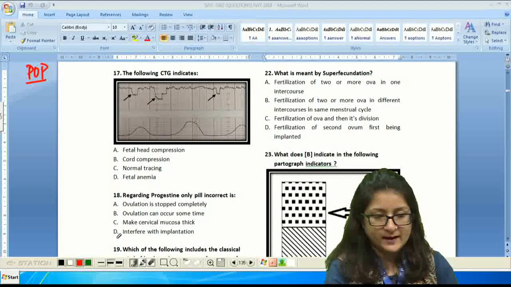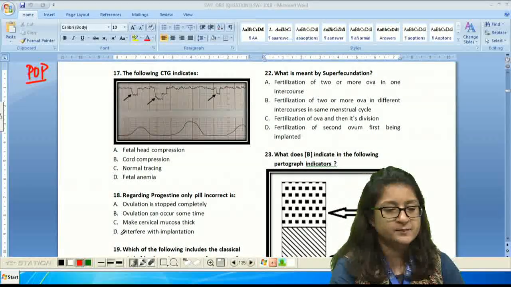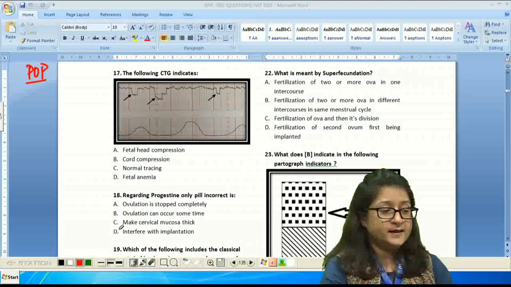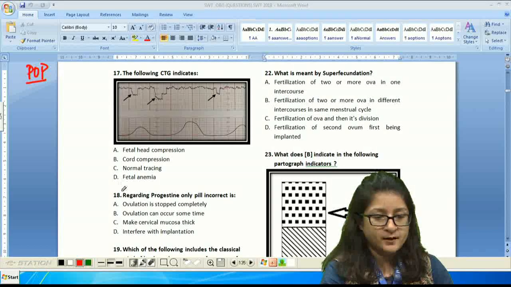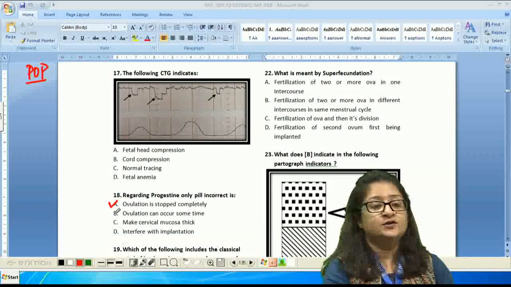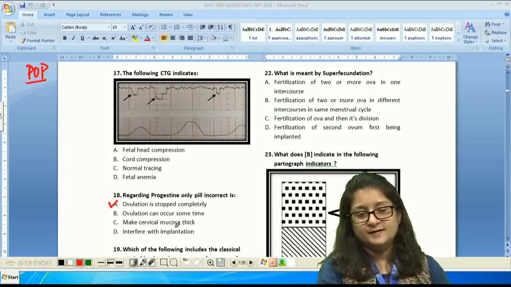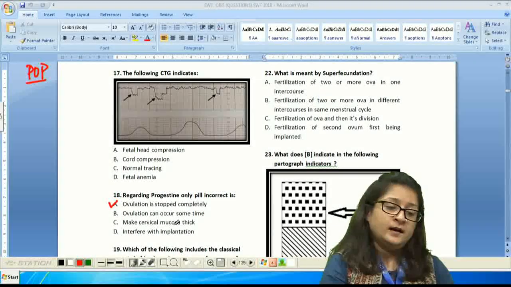Ovulation is stopped completely. Ovulation can occur sometime. Makes cervical mucus thick and interferes with implantation. So the correct answer is option 18A. Ovulation is stopped completely, that is the incorrect statement.